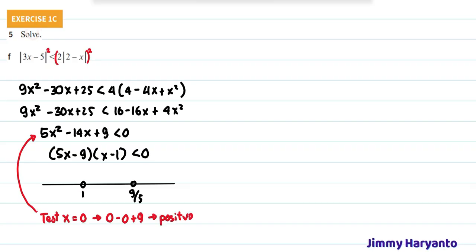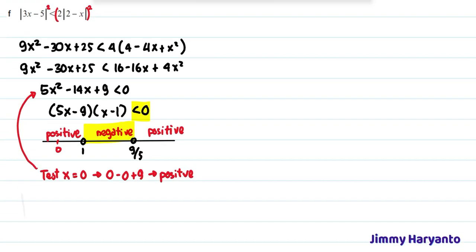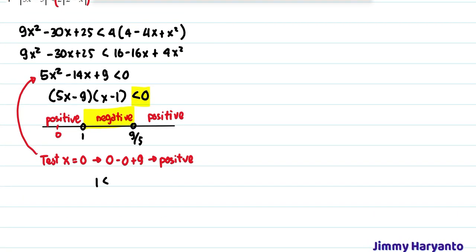We take the positive. That means 0 is right here, above it will be positive, this one is negative, and that one is positive. The question says less than 0, that means take the negative part, which is 1 less than x less than 9 over 5.